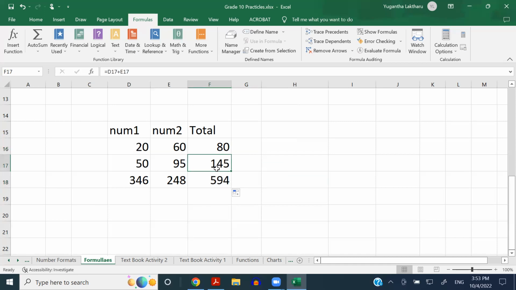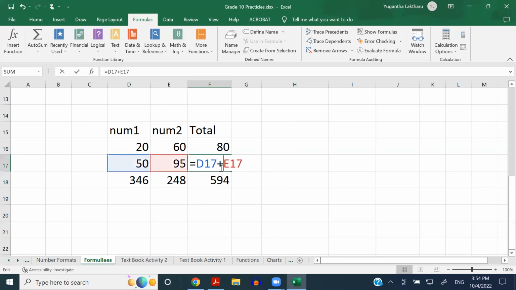This has already converted into D17, and this has already converted into D18. What I have copied is the content of the very first addition, and then I pasted it over these two places.